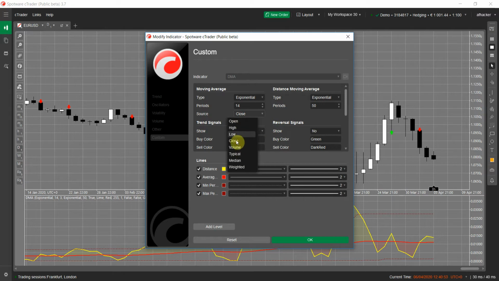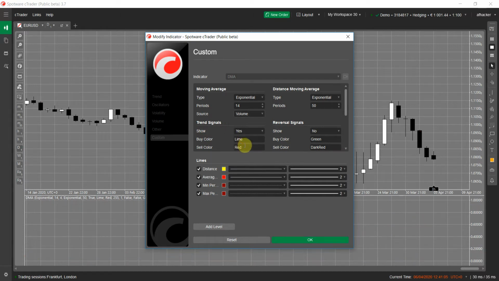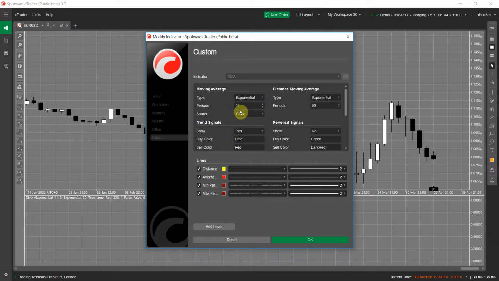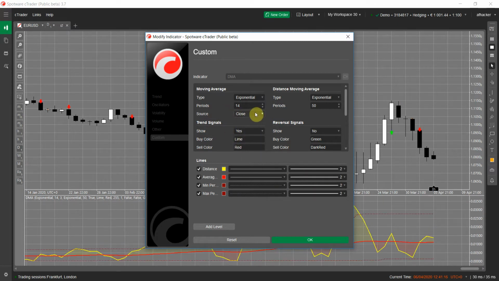It's a modified version. You have volume, typical, median, weighted, all the available price type data on the cTrader API. So if you set it to volume, the moving average will be fed with the tick volume data of the bars, not price. Let's go back to close, which is what most of us will use.